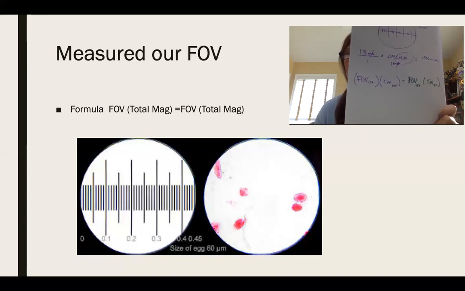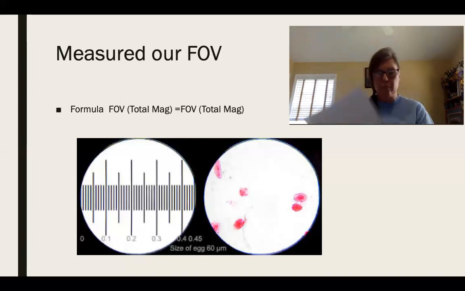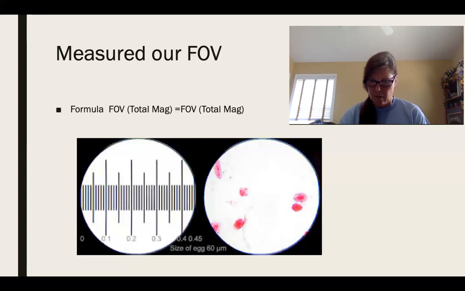So what I'm going to do is use some algebra. Now, I know my field of view for my 10x. We measured that at 1.8 millimeters. I also know my total magnification, which is equal to 100. Okay? And I'm going to put a box around that.